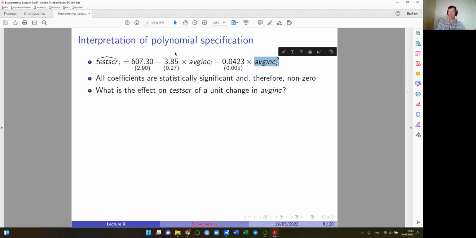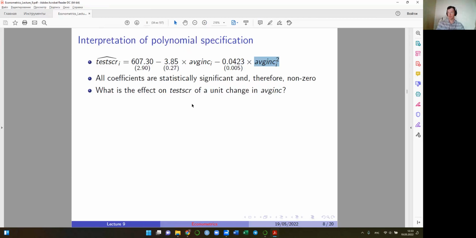Obviously, if average income changes, average income squared also changes. Therefore, we need to understand what is the effect on a test score of a unit change in average income. Who can suggest how we can quantify this effect?